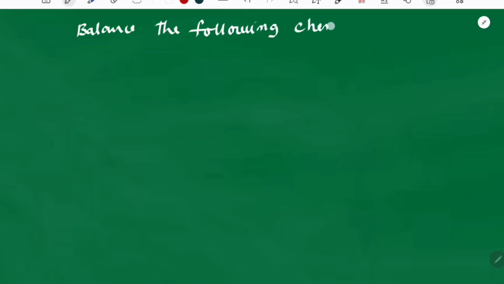Next we can see one more equation. Here the statement given is: balance the following chemical equation. He has given a skeleton equation.